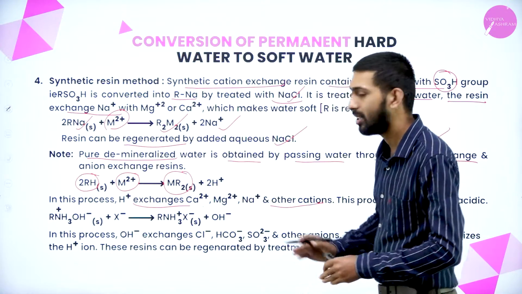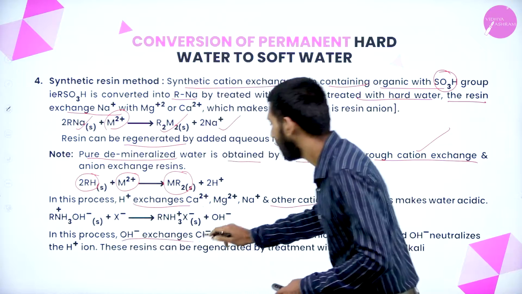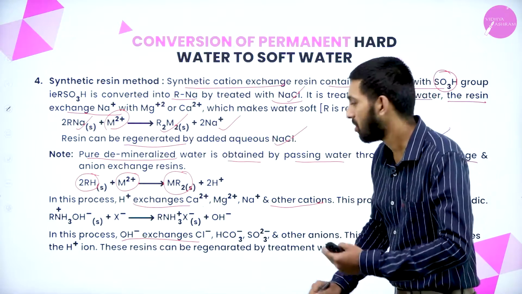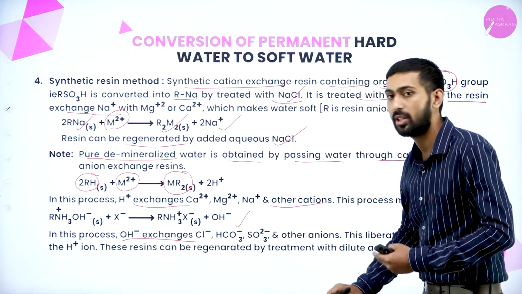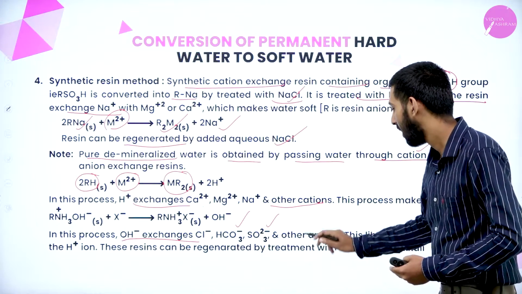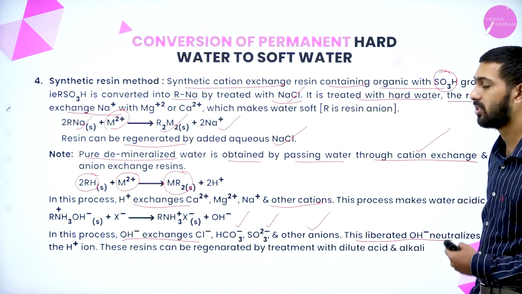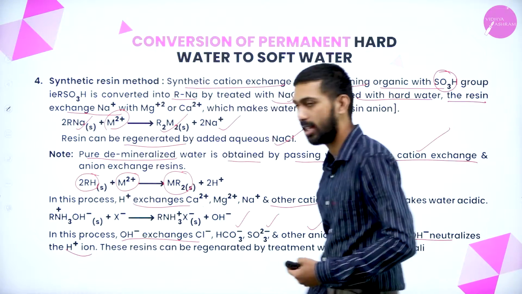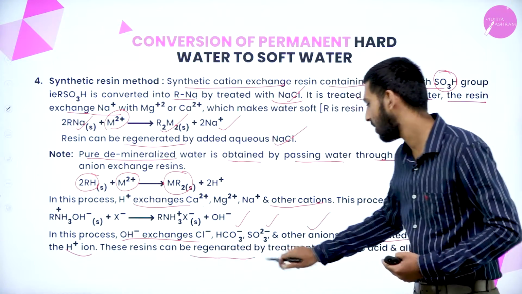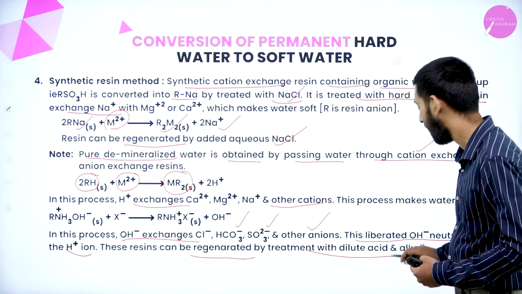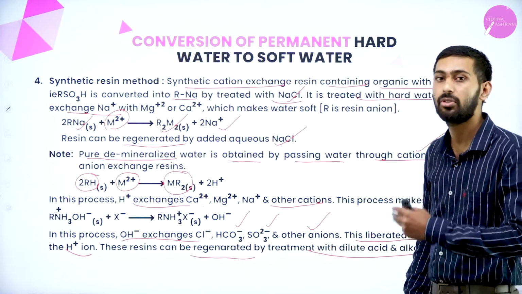Okay, so in this process there is exchange of OH ions, Cl ions, HCO3 bicarbonate, sulfate and other anions. In this process liberation of OH minus ions takes place, and H plus ion is neutralized. These resins can be regenerated by treating with dilute acids and alkali. We should know this.